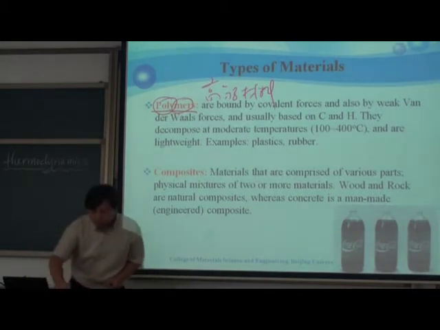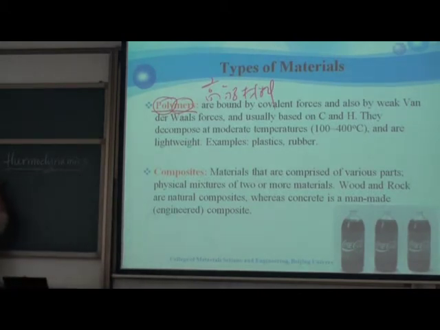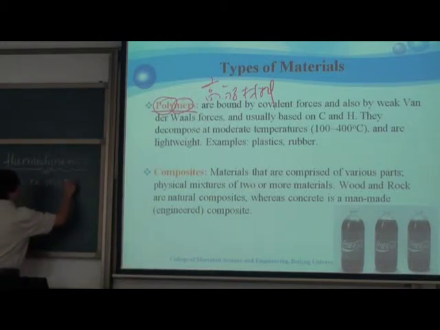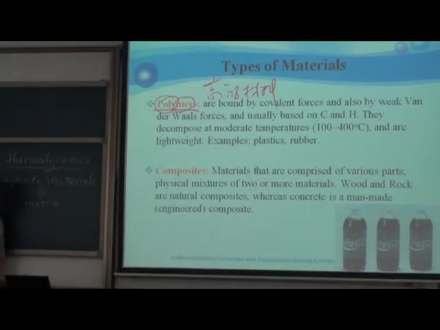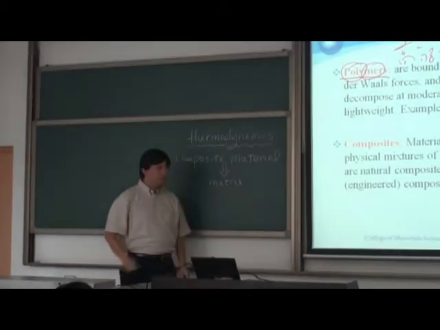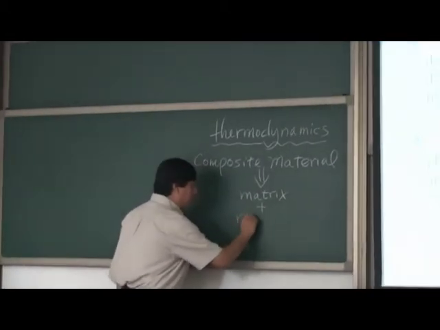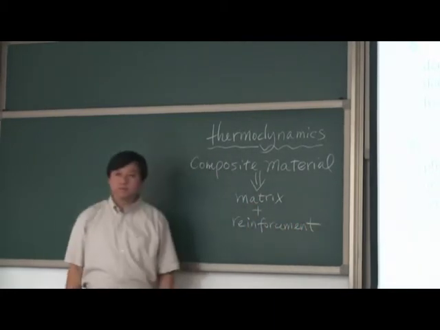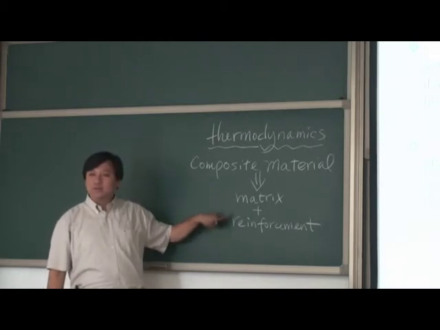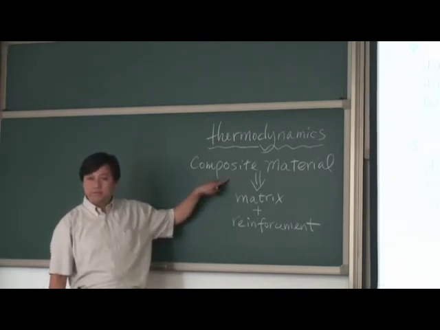Okay, now when I talk about composite material, we do have a mixture of at least 2 materials. One material is what we call the matrix material, and the other material is what we call the reinforcement of the material. Why do we want to add reinforcement to the matrix material to make a composite material?